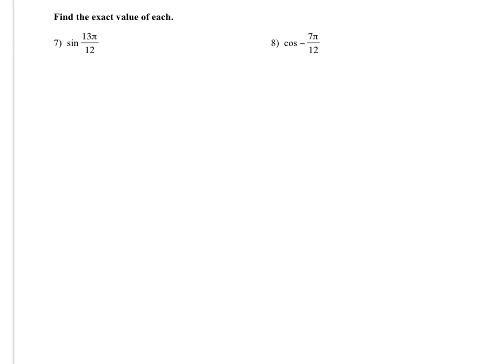Find the exact value of each. First, I've got to start by rewriting these in terms of two angles. I'm just going to try a couple of sine things. 13 I know can be written as 4 plus 9 over 12. And let's see if those reduce okay. So that gives us sine of pi over 3. That's nice.